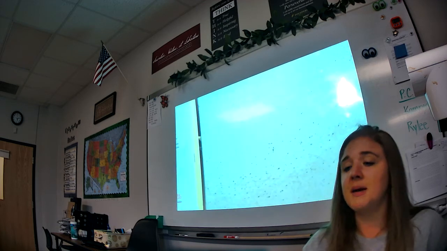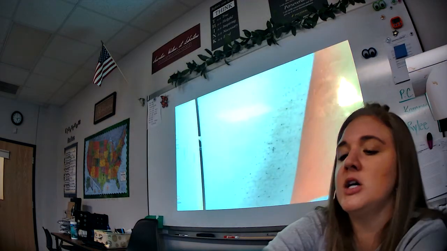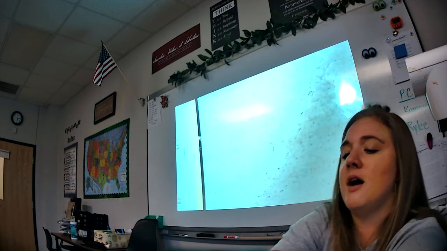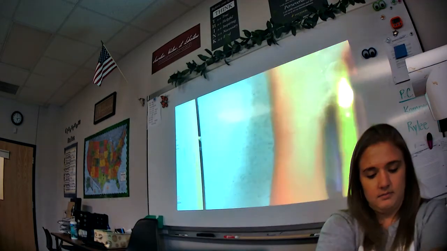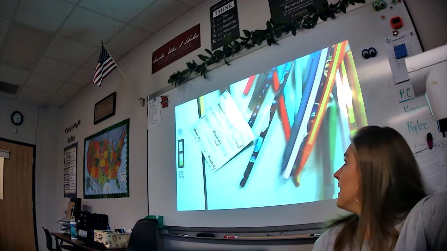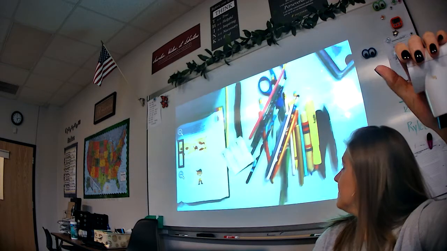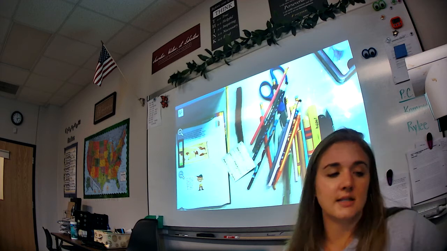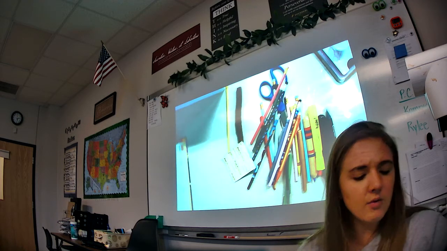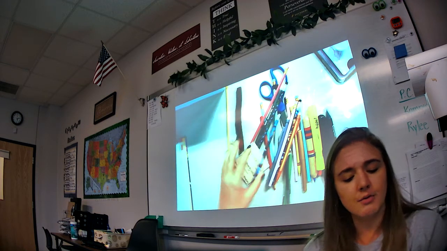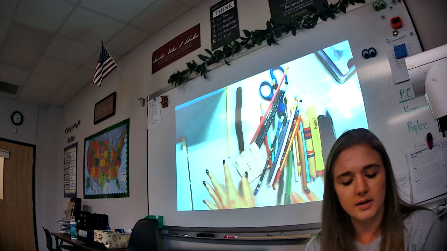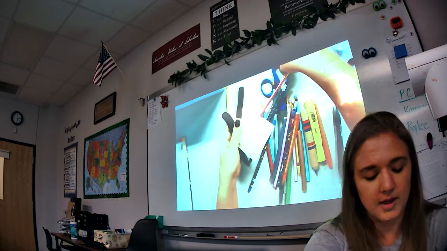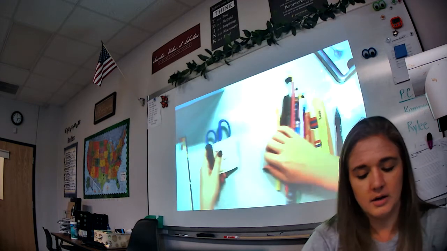Okay, so this is an example I gave the other class. If I took all this stuff out of my pencil holder, okay, and I wanted to organize it, I would start by separating it into groups based on characteristics, right? So I could say, okay, let me separate it into all of the writing utensils, all of the non-writing utensils. Okay, so all the things that you don't use to write can go over here.